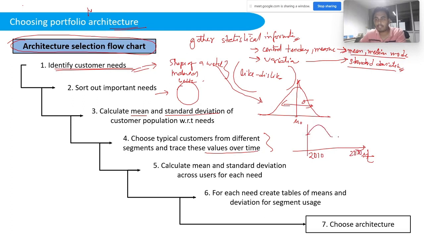For example, a marketing person in a company can analyze whether there is a change in the mu value over time. Then you calculate mean and standard deviation for a particular customer segment and for a particular need also.